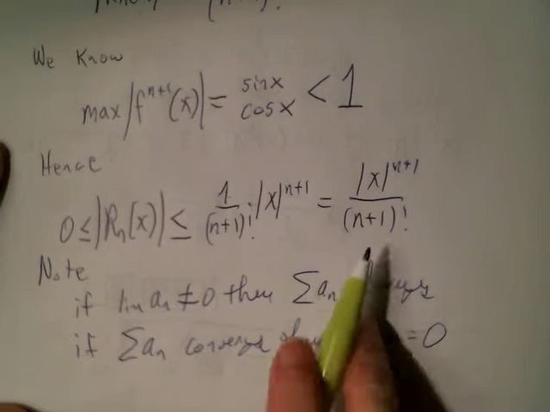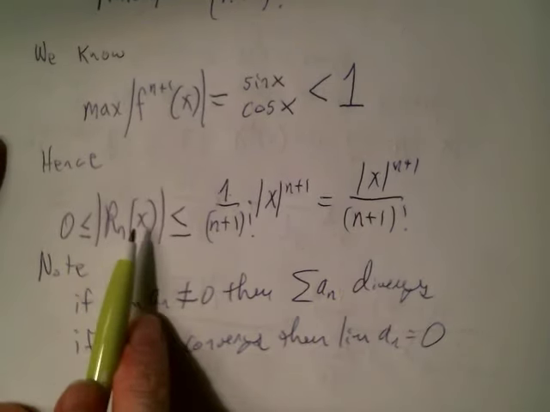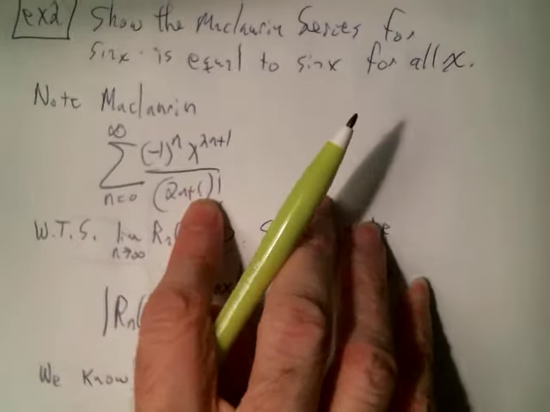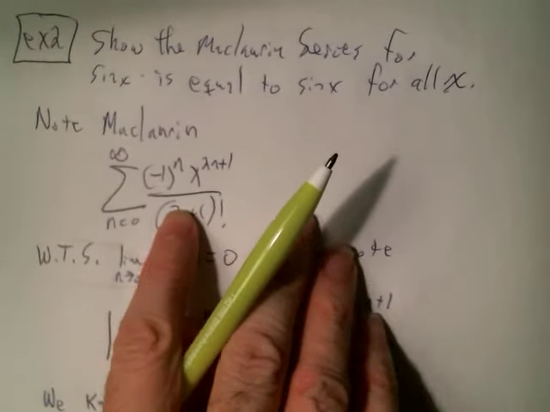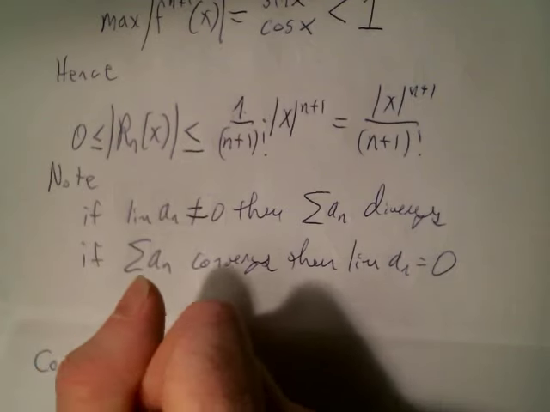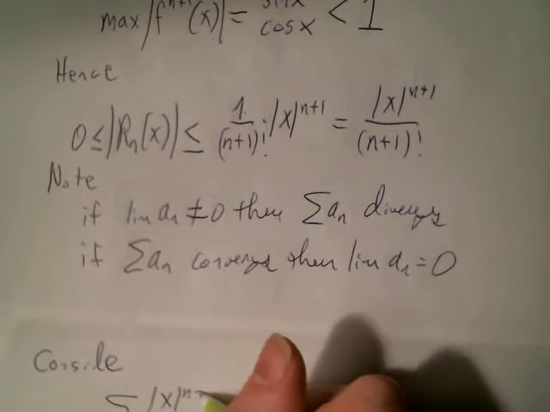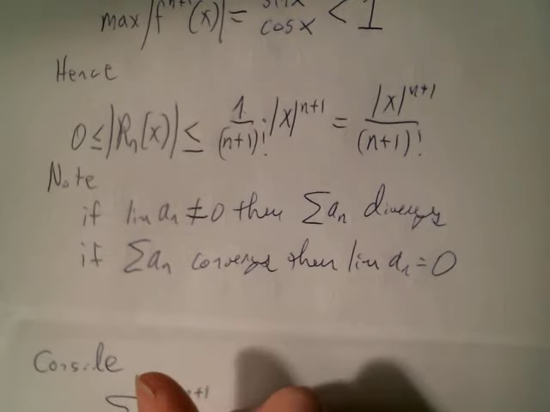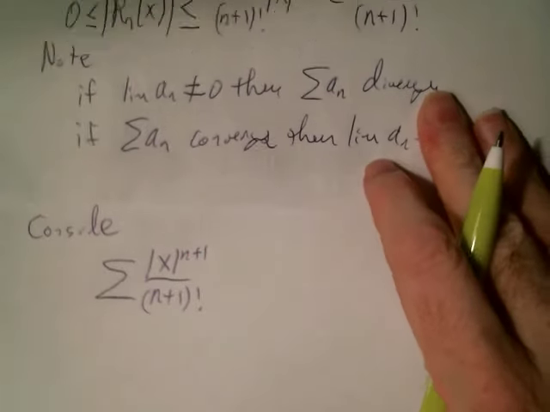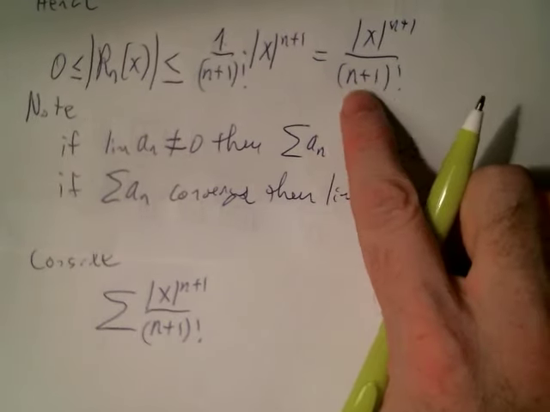So I'm trying to show that the limit of this is 0 and the limit of this is 0, which forces this limit to be 0, and then we can say that the Maclaurin series is equal to sine of x. So I'll have to consider the series of the absolute value of x to the n+1 all over (n+1)!. Because if I can show that's convergent, that'll imply that the limit of this is 0.